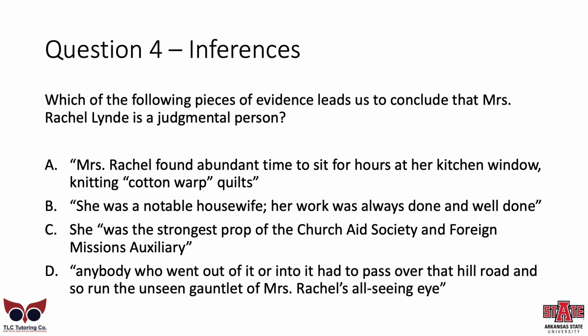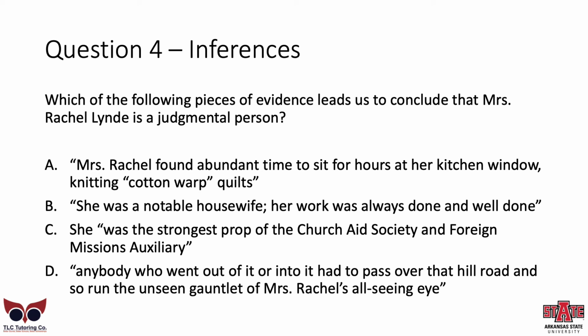Question 4. Inferences. Which of the following pieces of evidence leads us to conclude that Mrs. Rachel Lynde is a judgmental person? A. Mrs. Rachel found abundant time to sit for hours at her kitchen window, knitting cotton warp quilts. B. She was a notable housewife.